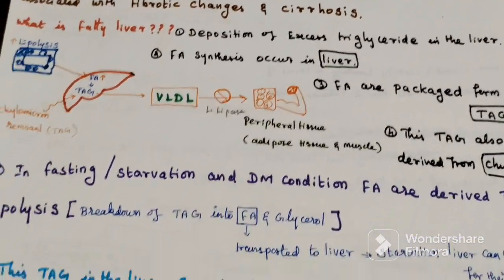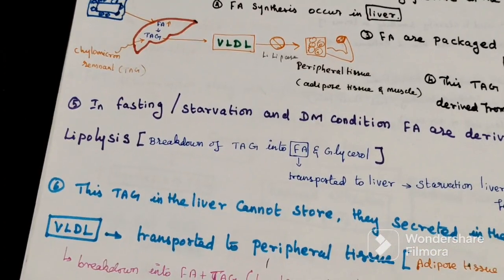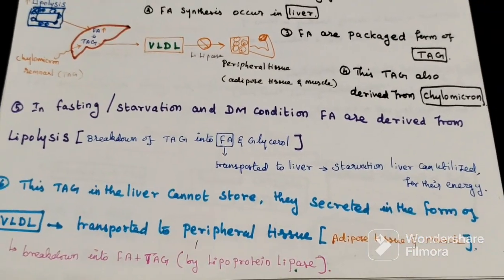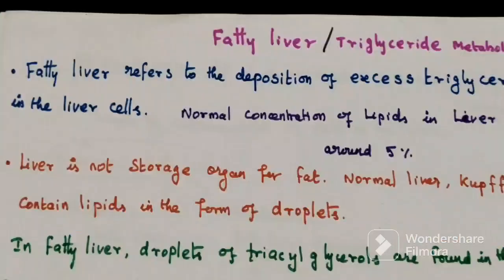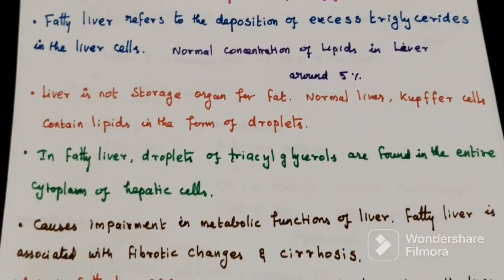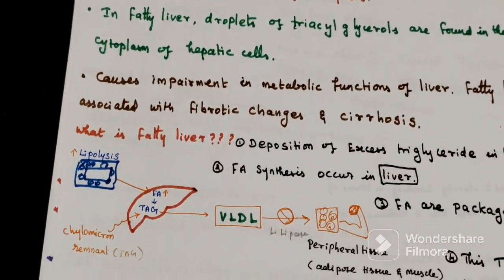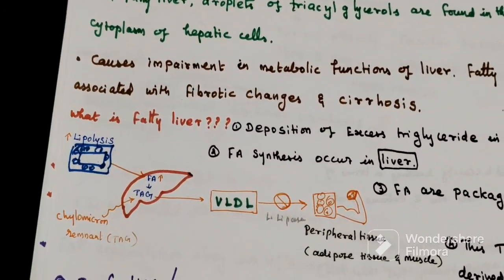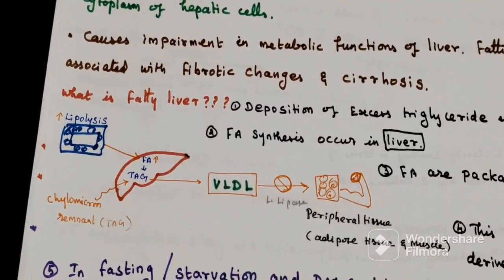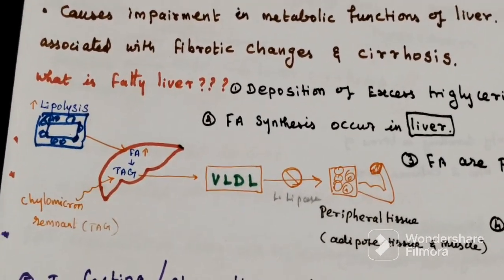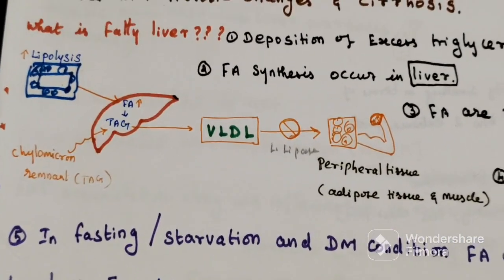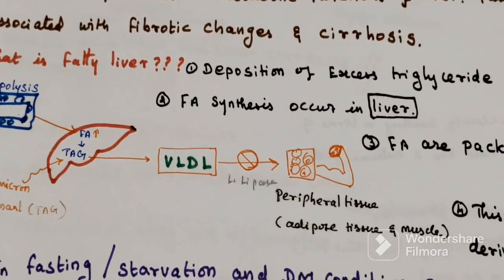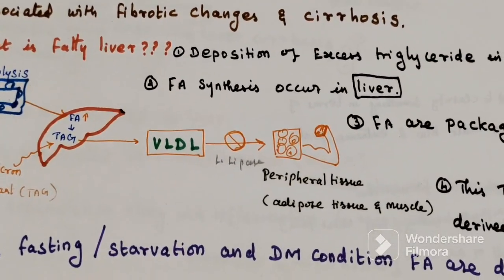So the liver gets fatty acid, which is converted into triacylglycerol, then into VLDL form, and with the help of lipoprotein lipase it is transmitted to peripheral tissue.